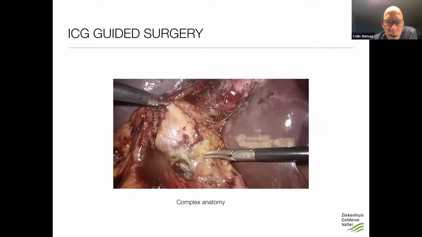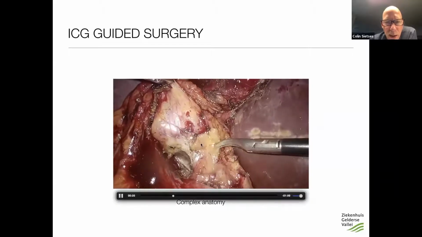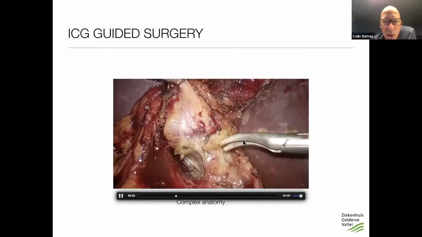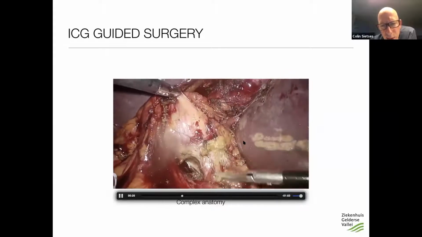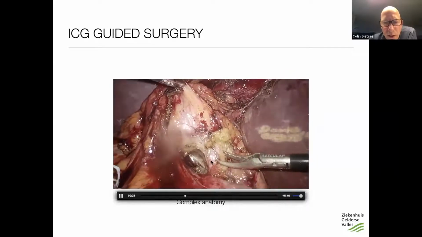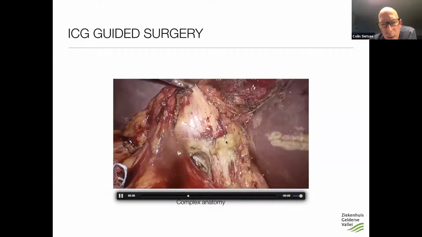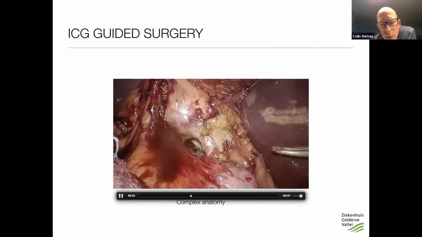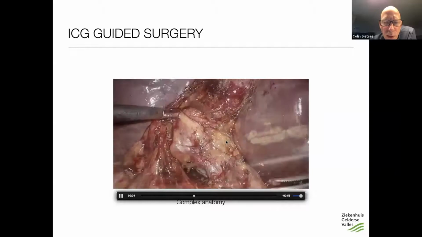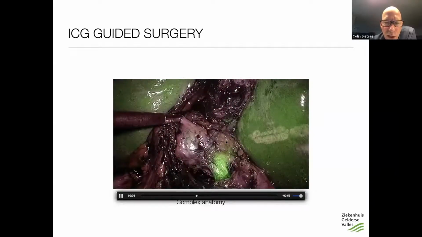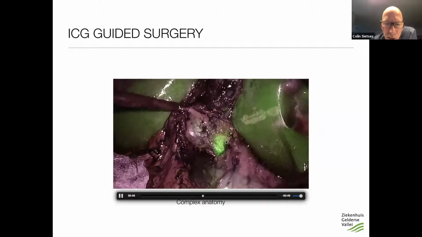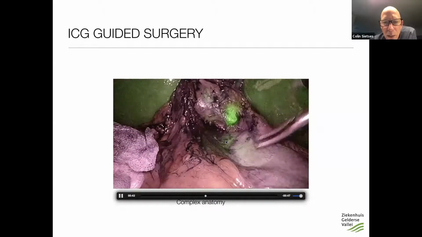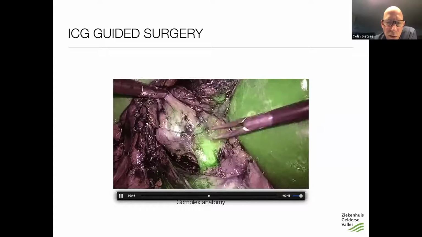I was doing the dissection and looking at the lower border of the gallbladder, and as you can see, I thought I had the cystic duct here below the lower edge of the gallbladder. And if you look with ICG, then you see that my judgment wasn't quite good, and I was dissecting the common bile duct, and the cystic duct was much higher up.